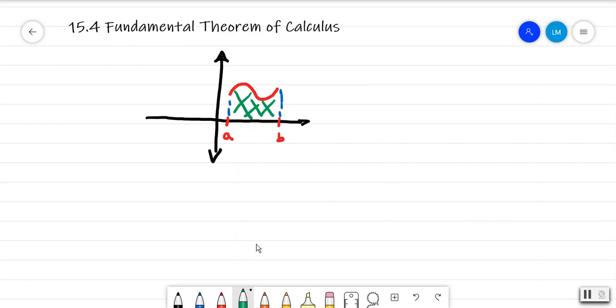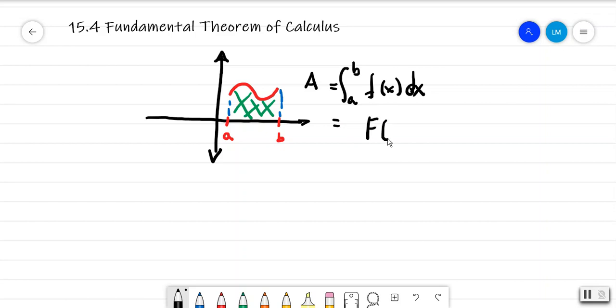Now, you probably learned that the way you can do this is by performing a Riemann sum, which is correct. So we know that we want to find the integral from a to b of f of x dx, because that represents the area. In this case, instead of using the Riemann sum, we would say that we have an antiderivative of this function, call it big F of x, and that we would be evaluating it from a to b.